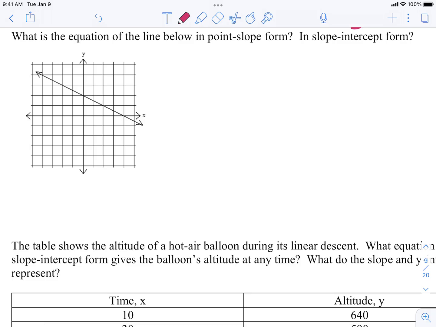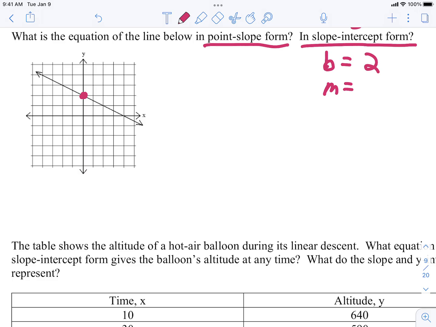Okay, here you're given a graph, and it says write an equation of the line below in point-slope form, and then write the equation in slope-intercept form. Slope-intercept form, the second one, we know how to do that already. We need a b, and we need an m, right? So my b is where it crosses the y-axis, which looks like is 2.